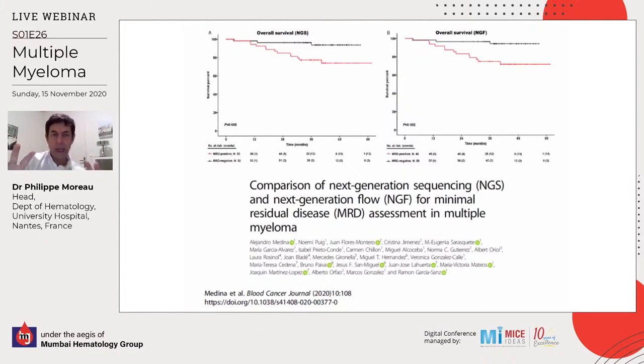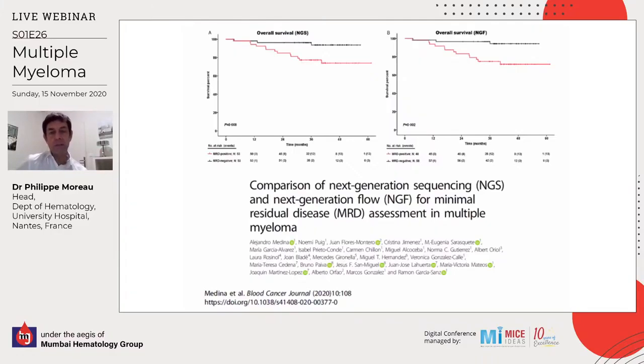They looked at the two techniques, NGS at 10 to the minus 5 or 10 to the minus 6, and flow, EuroFlow, 2 tubes, 8 colors, at 10 to the minus 5 or 6. And you see that the results are strictly superposable.